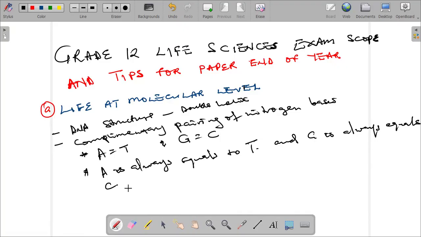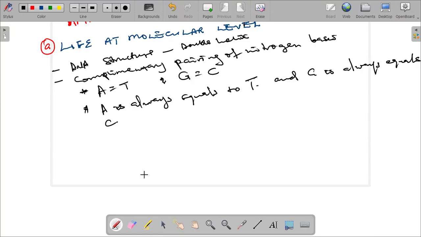The numbers of these nitrogen bases should always be equal to each other, A and T, as well as G and C. So if you are given any of them, you should know that the total number of nitrogen bases is equal to A times 2 plus G times 2.